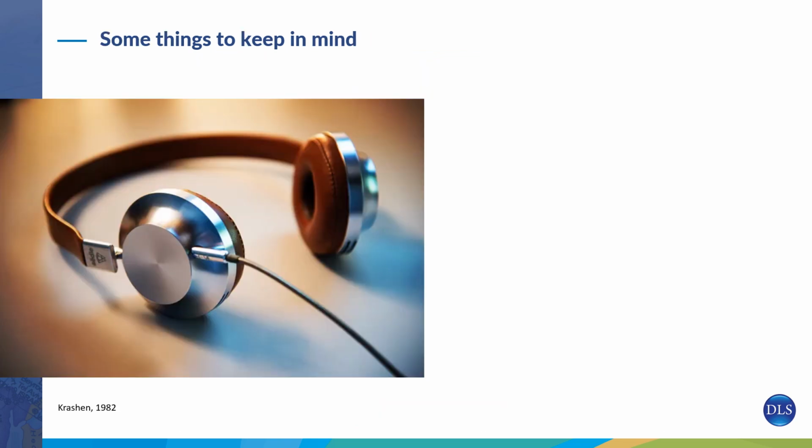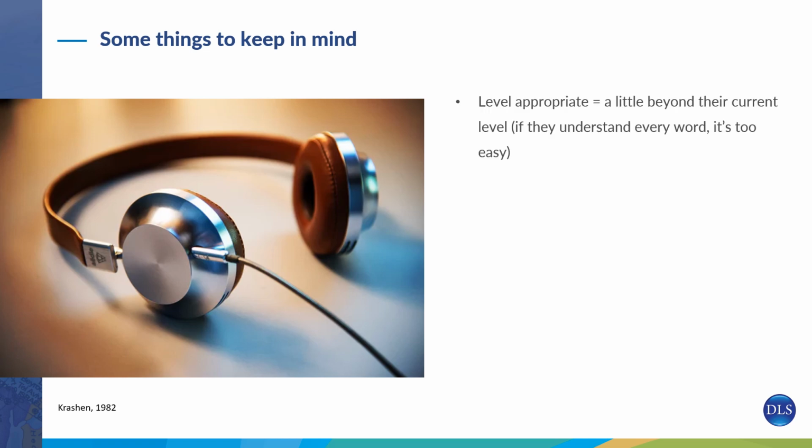And before we look at examples, here are just a few general points to keep in mind. When we talk about selecting audio for students, a level appropriate audio is something that is a little bit beyond students' current level. So if they understand every word, it's probably too easy.